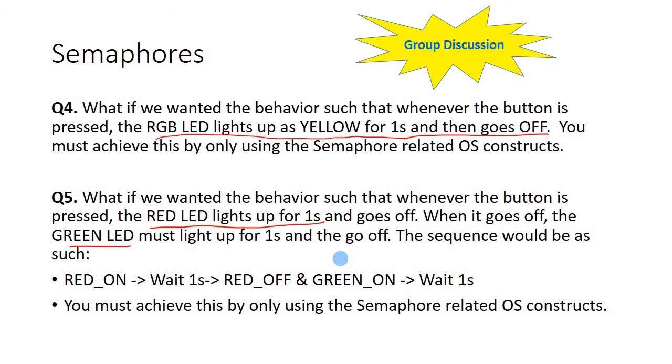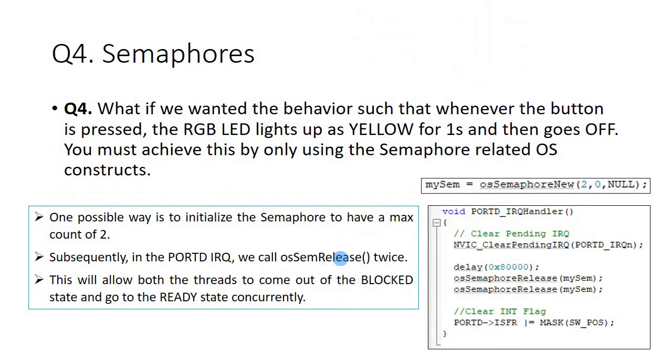For question 4, every time a button is pressed, both of them will light up together, so I will see yellow. How do I achieve this outcome using only semaphores? For question 4, I can increase the semaphore max count to 2, and every time a button is pressed, I call semaphore release 2 times.